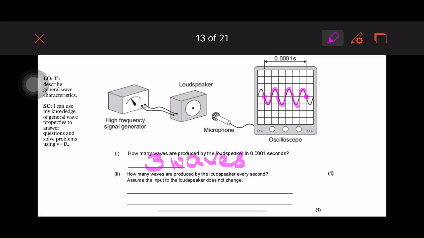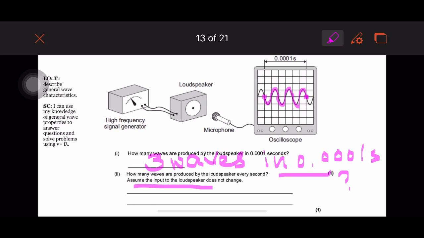I think I'm correct. Okay, so how many waves are produced by the loudspeaker every second? Every second. So this is 3 waves in 0.001 second. How about in 1 second?